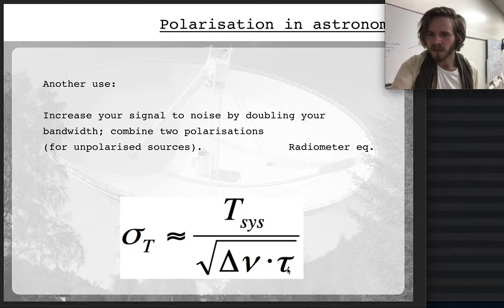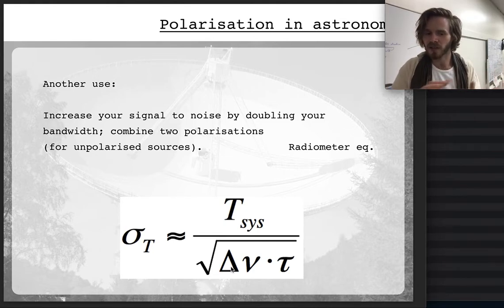You can either increase your bandwidth or you can increase your integration time. And if you can't make a wider bandwidth for whatever reason, because the horizontal and the vertical are orthogonal, when you add them together, they don't cancel out. They actually add like independent signals, which reduces the noise by adding them.